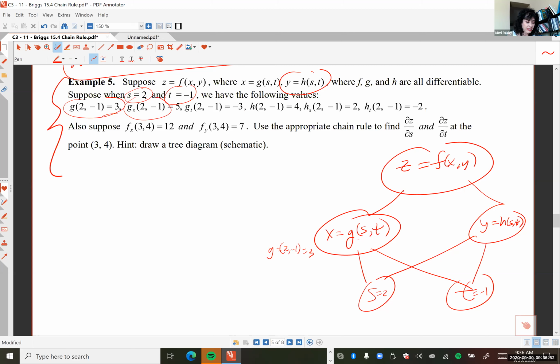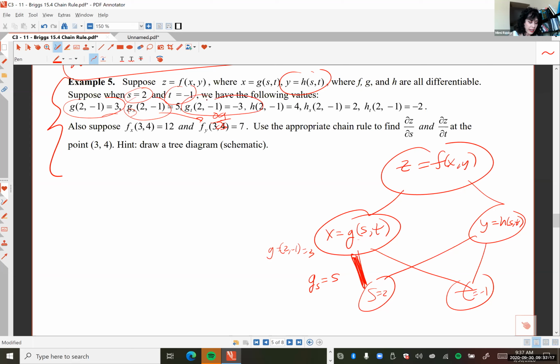But g_s, now this subscript notation I also go over in those partial derivative videos I made for you. So g subscript s means dg/ds. So when you're taking dg/ds, that's this right here, g_s evaluated at the point (2, -1) is going to be a 5. So down this branch you're going to have that partial.